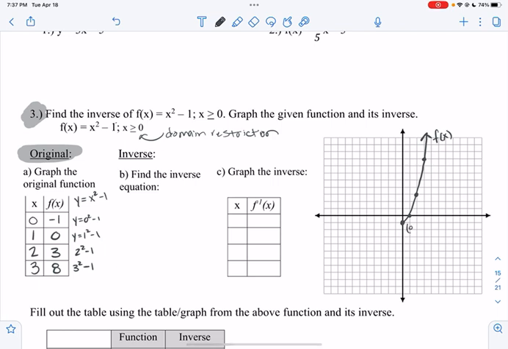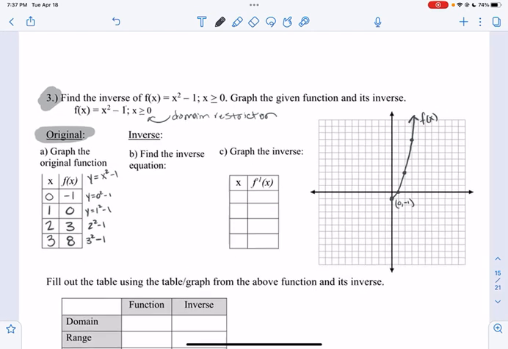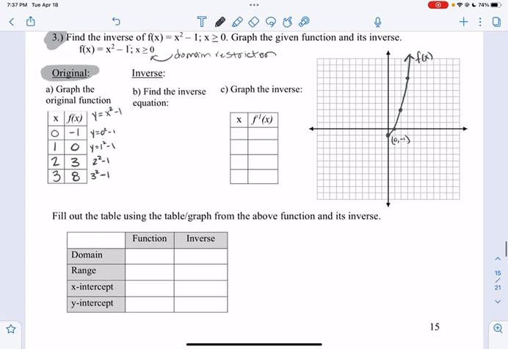All right, so before we find the inverse, we're going to do everything for the original function first. So now we're going to look at your domain, range, and your intercepts. Remembering that domain is x, range is y. So your domain is going to start at the x value of that original point.